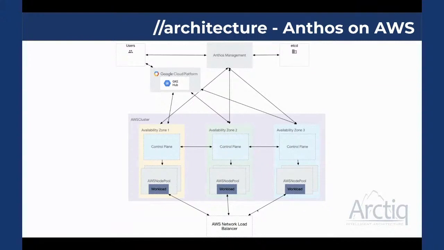You can really benefit from this integration when you're trying to expose your services externally. Also, another important piece here is GKE Hub. This is how Google Cloud can see your AWS cluster. So it does all the cluster registration here. And from the user's perspective, you can see everything on the GCP console.